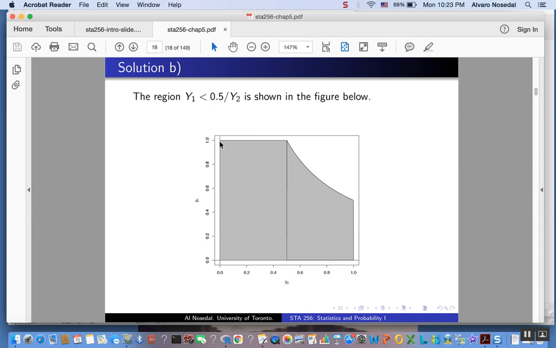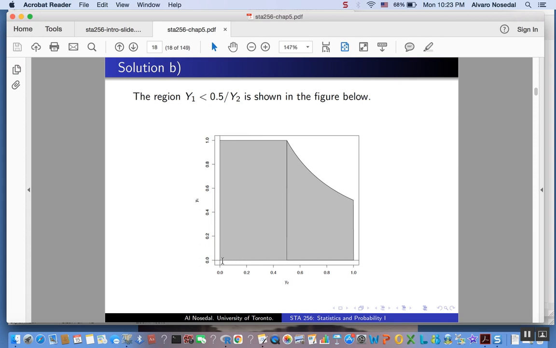We know that y1 equals 1, so 1 equals 0.5 divided by y2. If you multiply on both sides by y2, you end up with 1 times y2, so y2 equals 0.5. That's how we know the coordinates of that point.